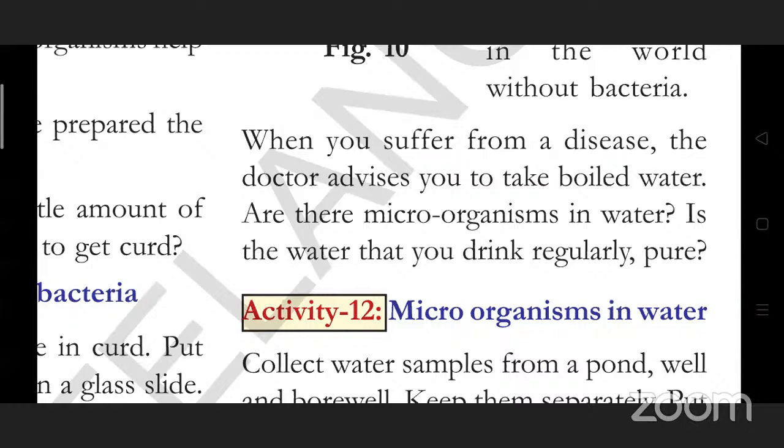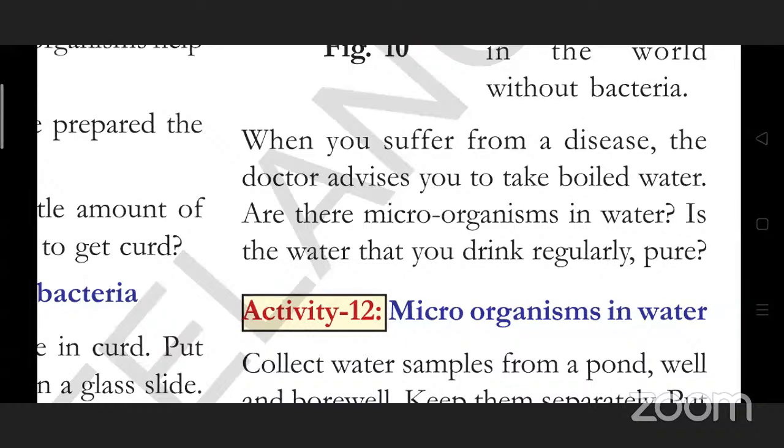Nowadays, those who are suffering with this corona disease, doctors in advance are giving us suggestions to drink boiled water.